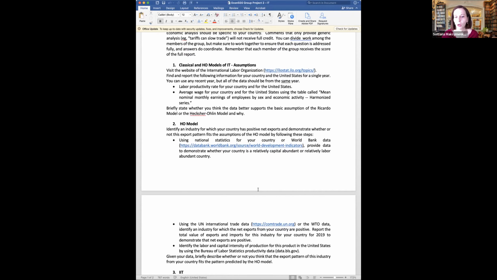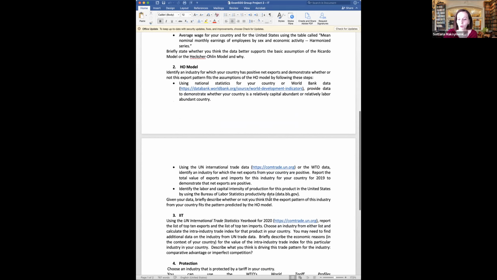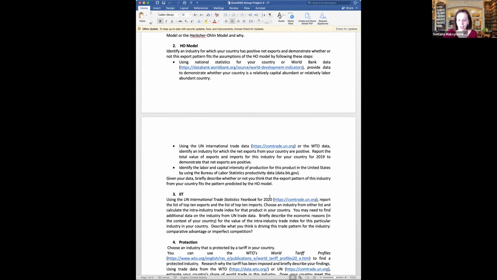So judge whether this trade is based on their principles of comparative advantages or resource availability in the country. They also visit the International Trade Statistic website of Comtrade, United Nations database.